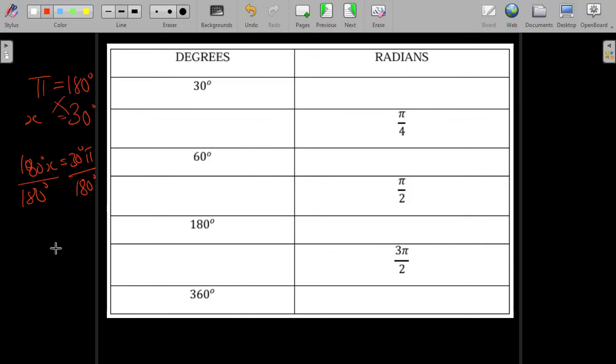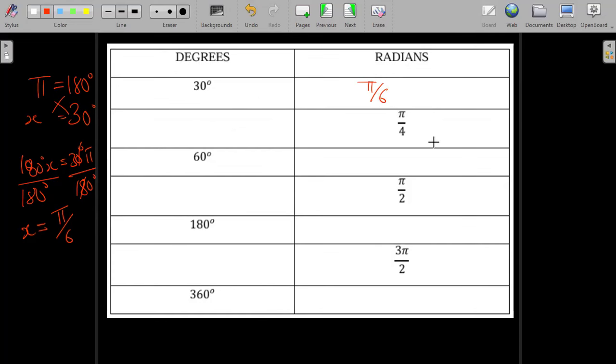So the 30 and 180 go, and on this side I just remain with x. Then I'll have pi on top and 6 down. The degrees cancel out. So this is what I get in radians: 30 degrees is just pi over 6.